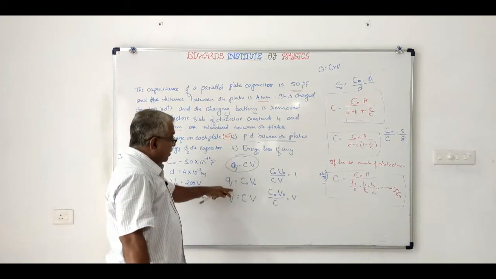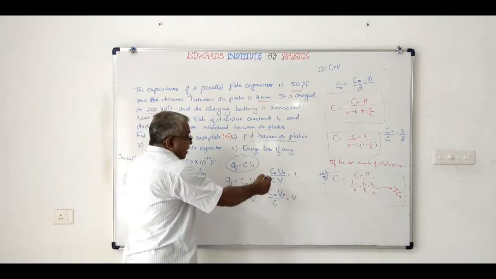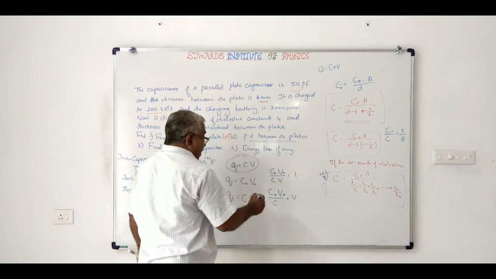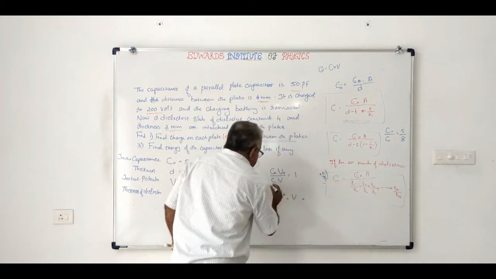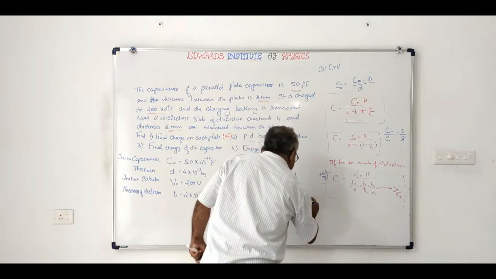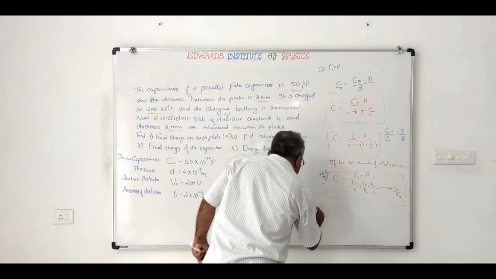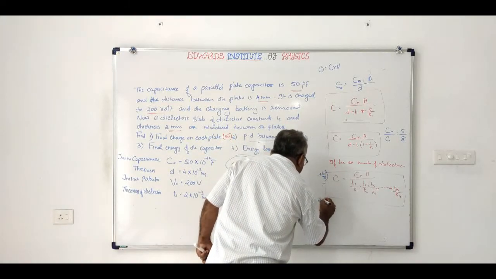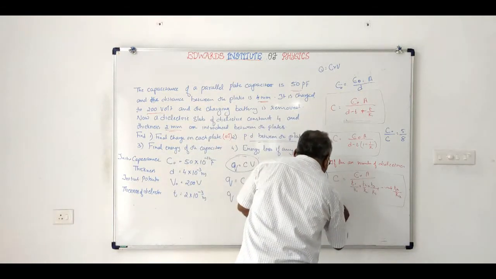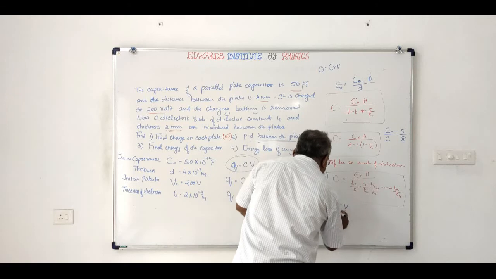So comparing these two, you will get V is equal to C0 into V0 by C. What is C0 by C? C0 by C is 5 by 8. 5 by 8 into 200 will be equal to 125 volt.